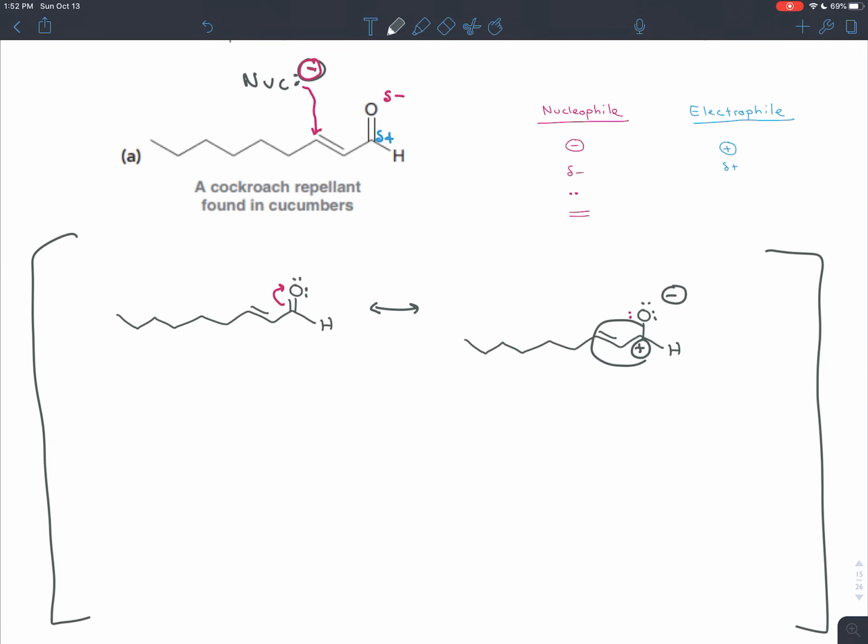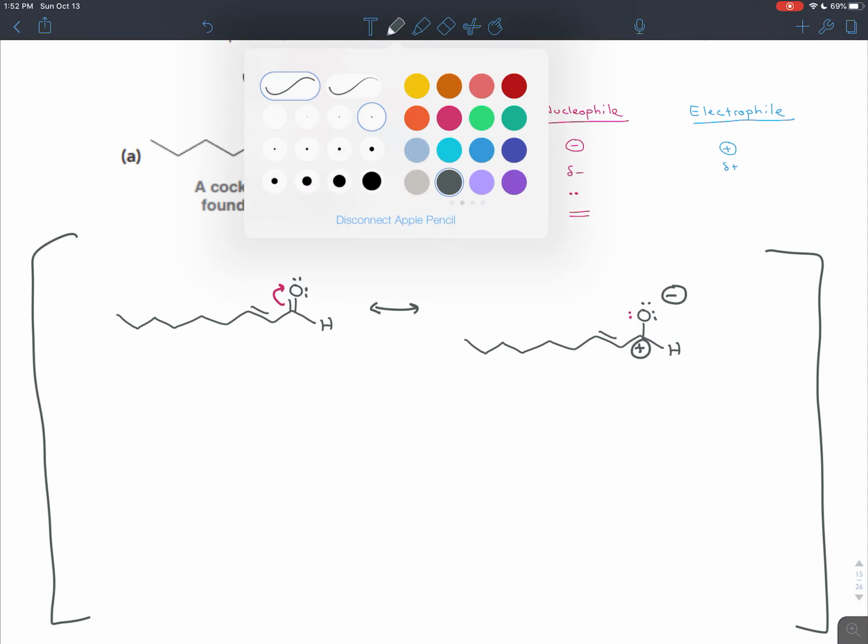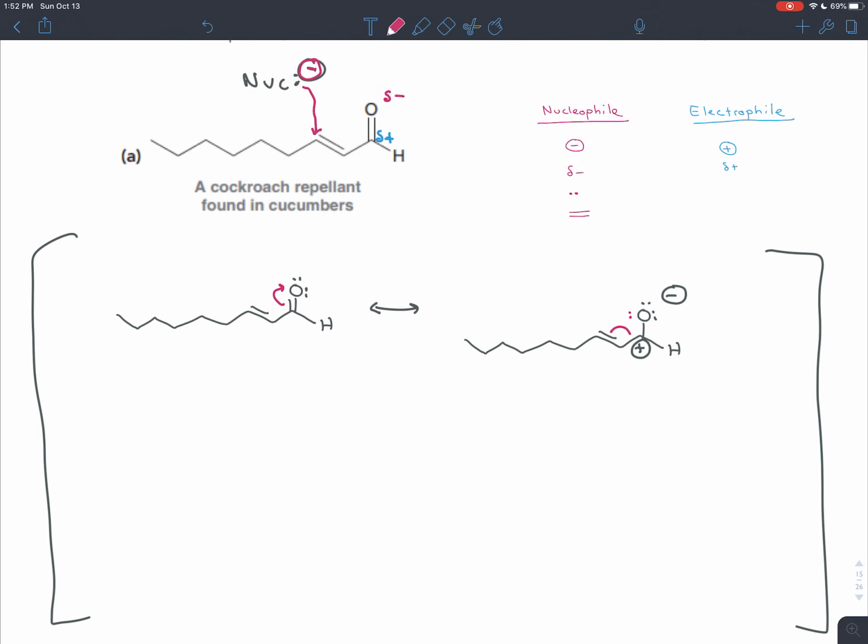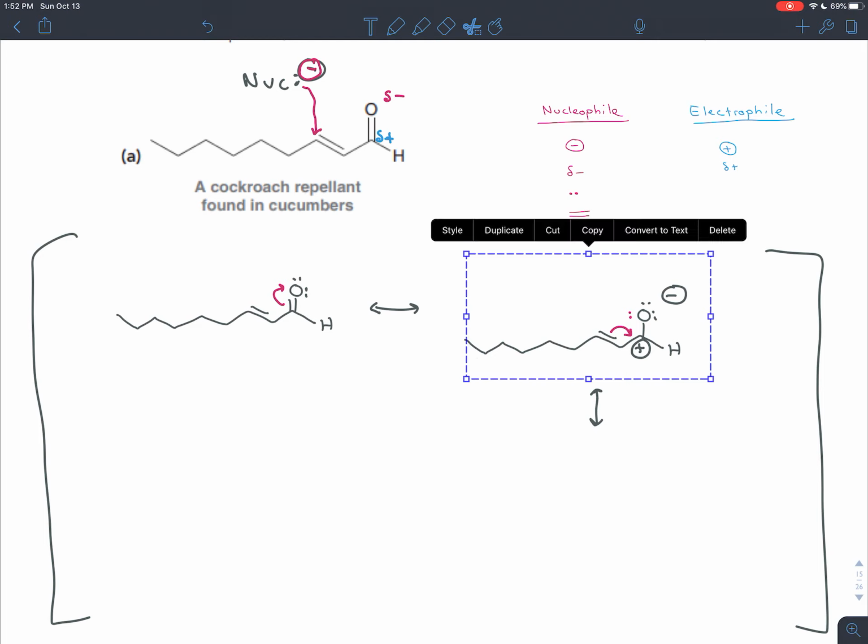Now notice that carbon, the carbocation there, that carbon with a positive charge, that positive charge is allylic to this lone pair. That's another resonance pattern. And so allylic to that pi bond. And so that pi bond would go towards the positive charge, and you'd get a third resonance structure.